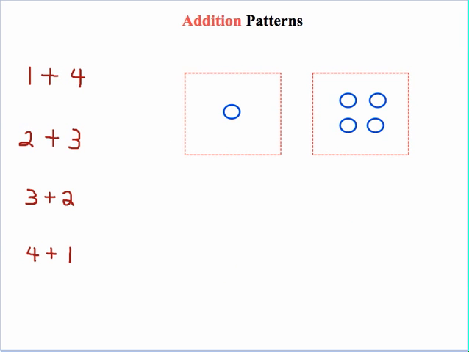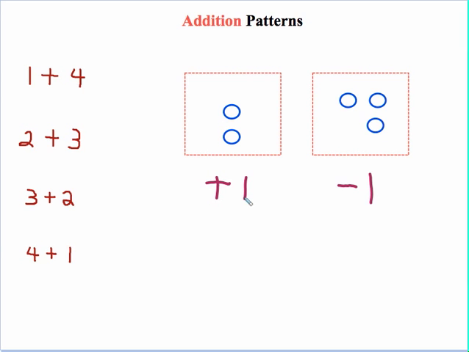If we were to take these different combinations and use some manipulatives, if we were to take one from this group and move it over to here, we have changed the 1 plus 4 to 2 plus 3. Now mathematically something else happened here, and it's a little bit abstract. We started off with 4, we took 1 away from this group and moved it over here, so in essence we added 1 to this side.